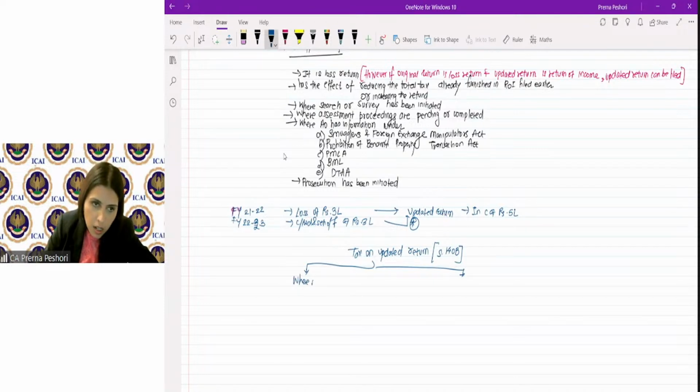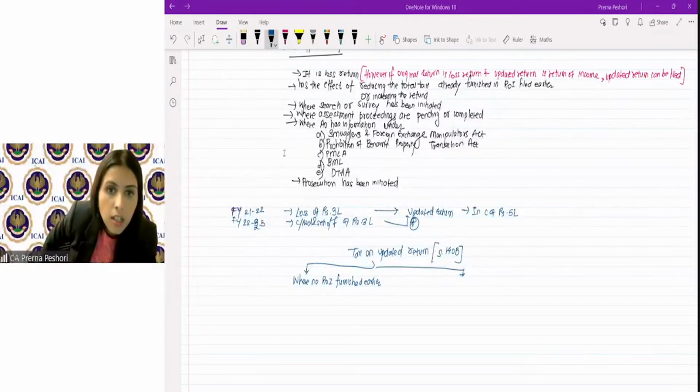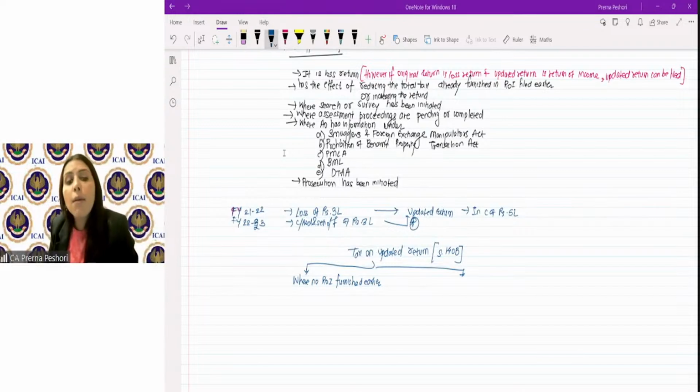Where no ROI is furnished earlier, then you need to pay the tax along with interest and fee which is applicable for furnishing the updated return which is to be filed. So assessee will be liable to pay tax, interest and fee.